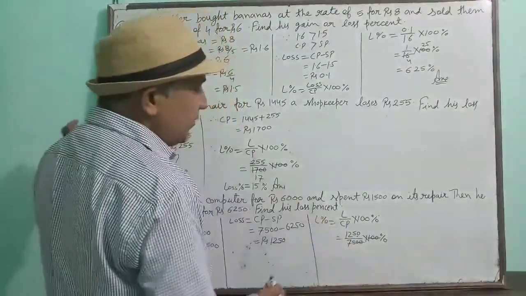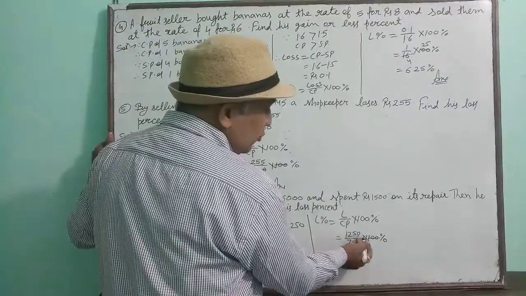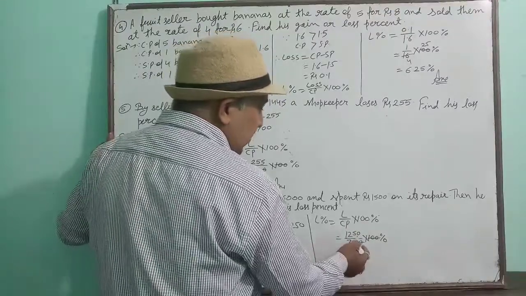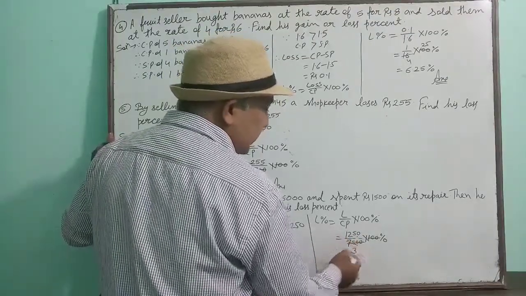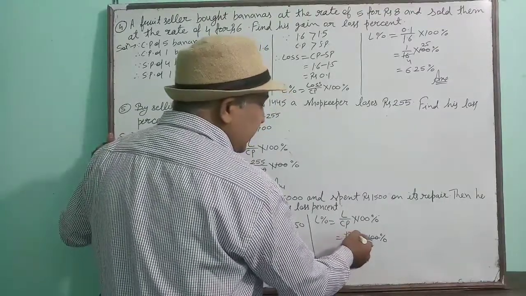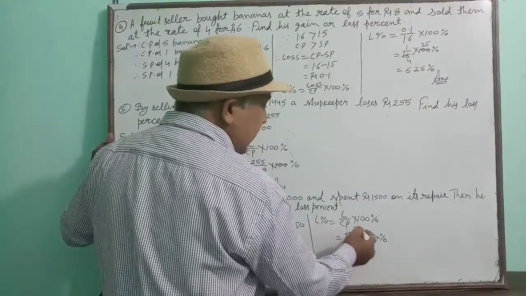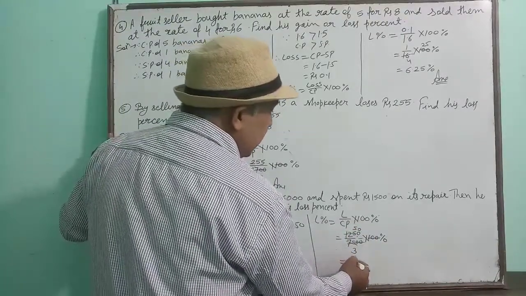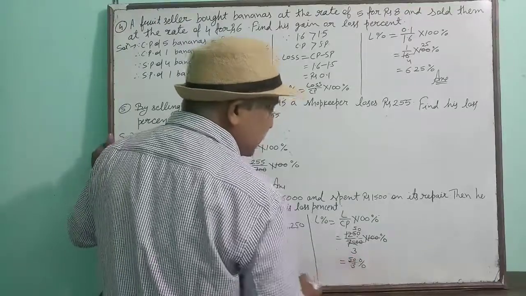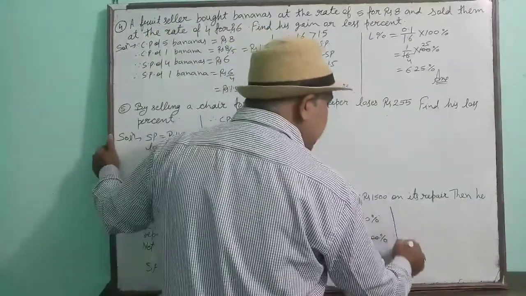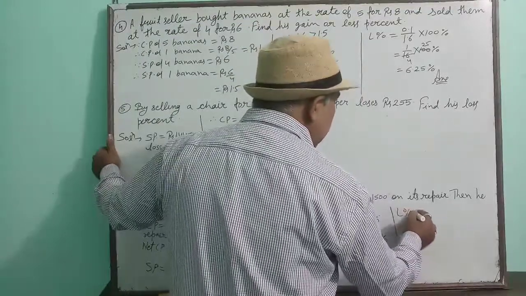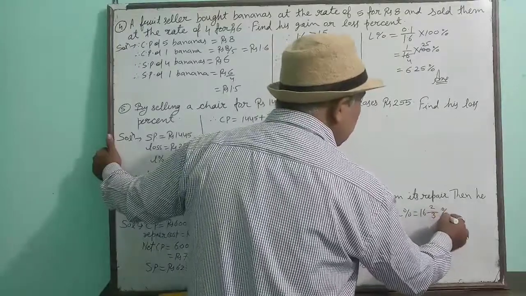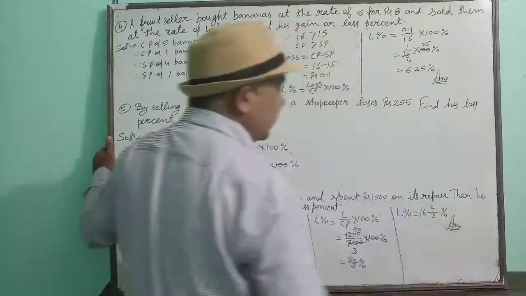Now 75 denominator and 1,250 numerator, both are divisible by 25. 25 dividing 75 by 3 times, 25 dividing 1250 by 50 times. So you are getting loss percent is 50 by 3%. So convert it into mixed fraction. So loss percent is equal to 16 and 2 by 3%.